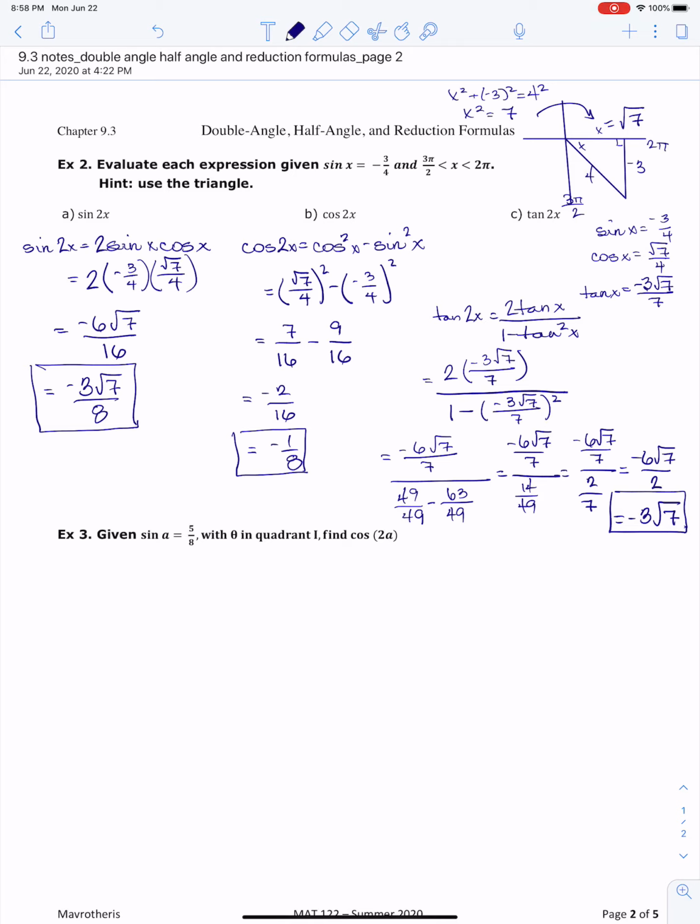Exercise 3. We've got the sine of A is 5/8 with theta in quadrant 1. We want the cosine of 2 theta. You know what? I screwed this up. Something's not right here. This should be a positive 3/7. I'm sorry. So go back, and I knew something wasn't sitting quite right.